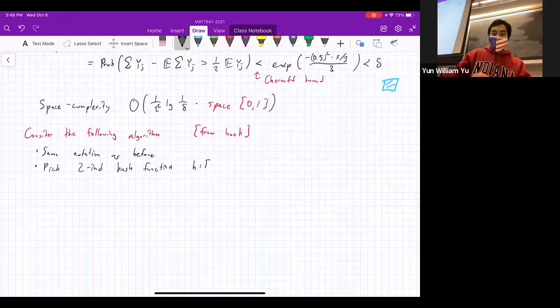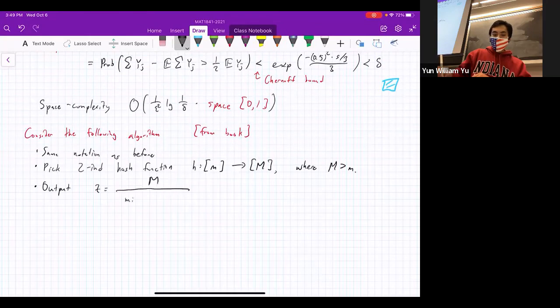Let's call this H from little m to big M, where big M is bigger than little m. And then we're going to output Z equal to big M divided by the minimum over i in our stream of H of a_i. Let's just call this thing the min to make life easier. And this is going to be an estimate for D, the number of distinct items.